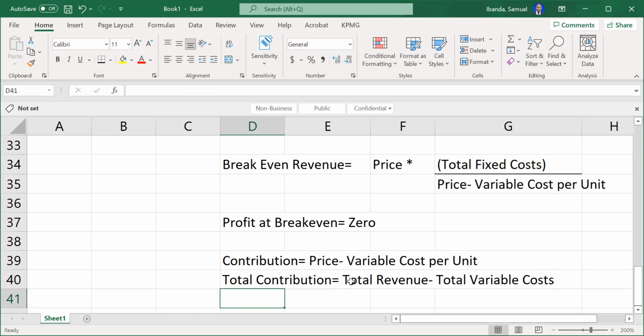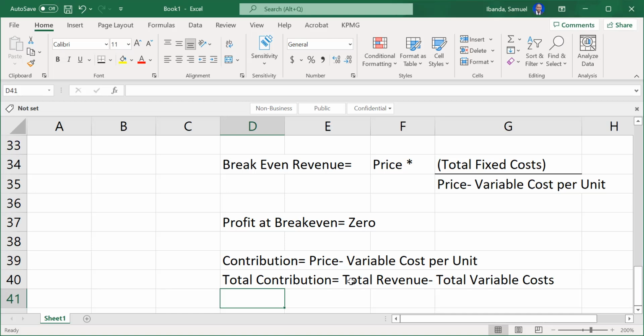Contribution is similar to profit, although contribution is what we get before we deduct the fixed costs. If you just get total revenue and remove your variable costs, you actually come to what we call total contribution.